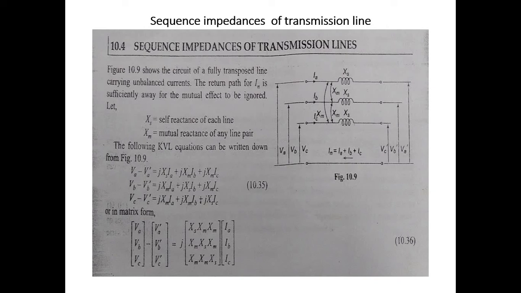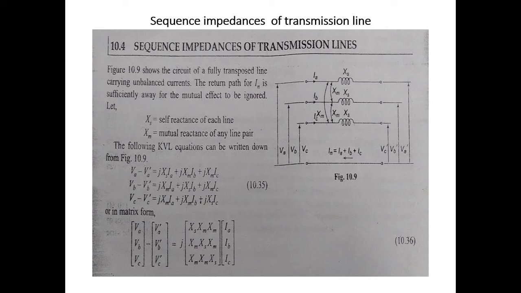See, through the diagram it is clear that the self reactance, that is XS, where S in the suffix is for self reactance, is shown for each line, that is line A, line B and line C, and currents IA, IB, IC are flowing through lines A, B and C respectively.